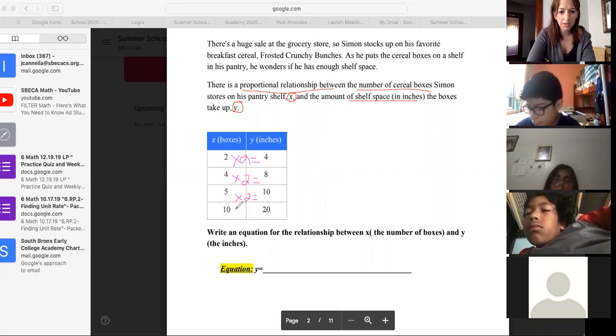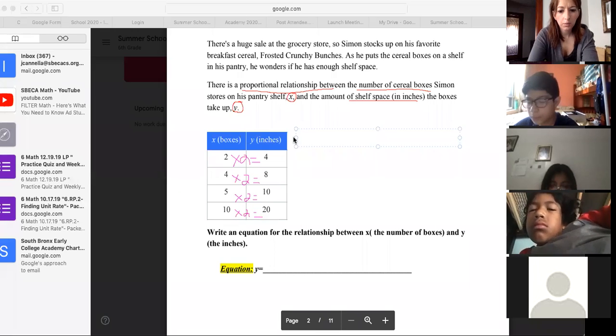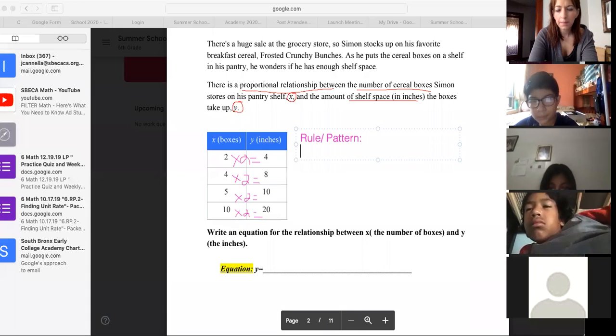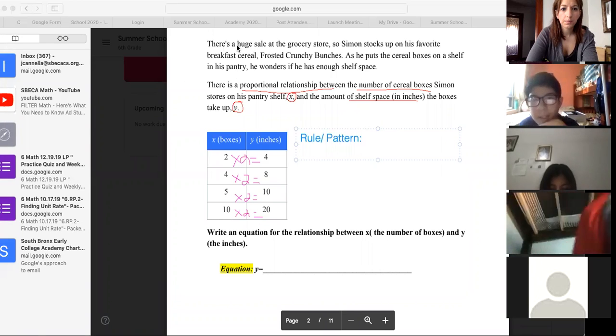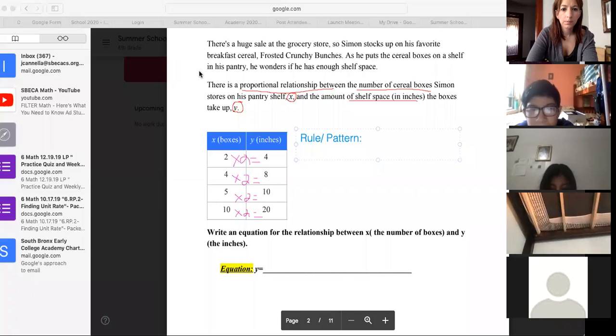Okay, please type this in. So now I'm going to go back to what I was doing before. I'm going to write here the rule, the pattern. Omar, what is the rule or the pattern that I'm doing? Multiplying by 2.